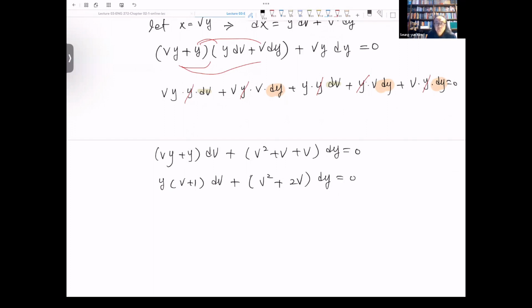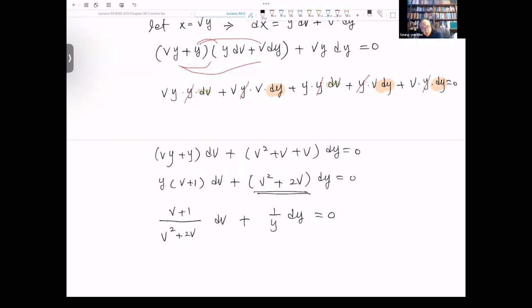Now we're going to put v terms together and y terms together. So we have (v plus 1) over (v squared plus 2v) dv, if you divide everything by this term, plus, for the y term, we have just 1 over y dy equals 0.